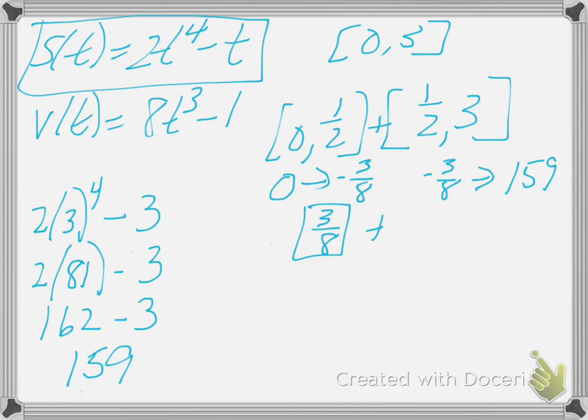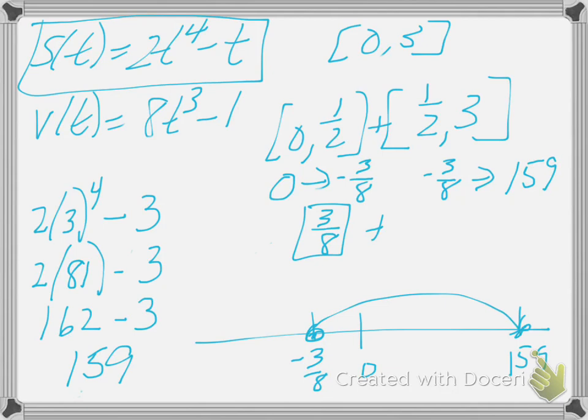Okay, so think of a number line here. Here's 0. We were at negative 3/8. This is where we were. And we ended up at 159. So how far did we travel? We traveled 159 and 3/8.